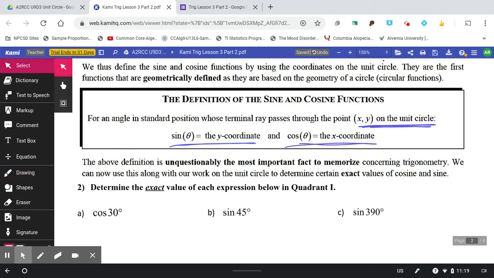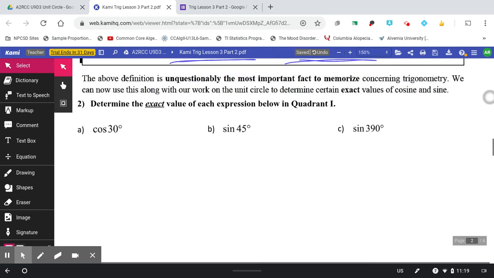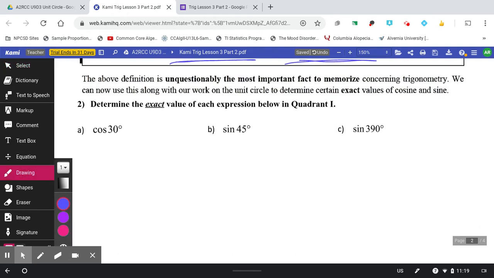Let's look first in quadrant 1 only. It says to determine the exact value. If you were just to plug these into your calculator, you would not necessarily get the exact value. So I'm going to make sure my calculator is in degree mode, and type in the cosine of 30.